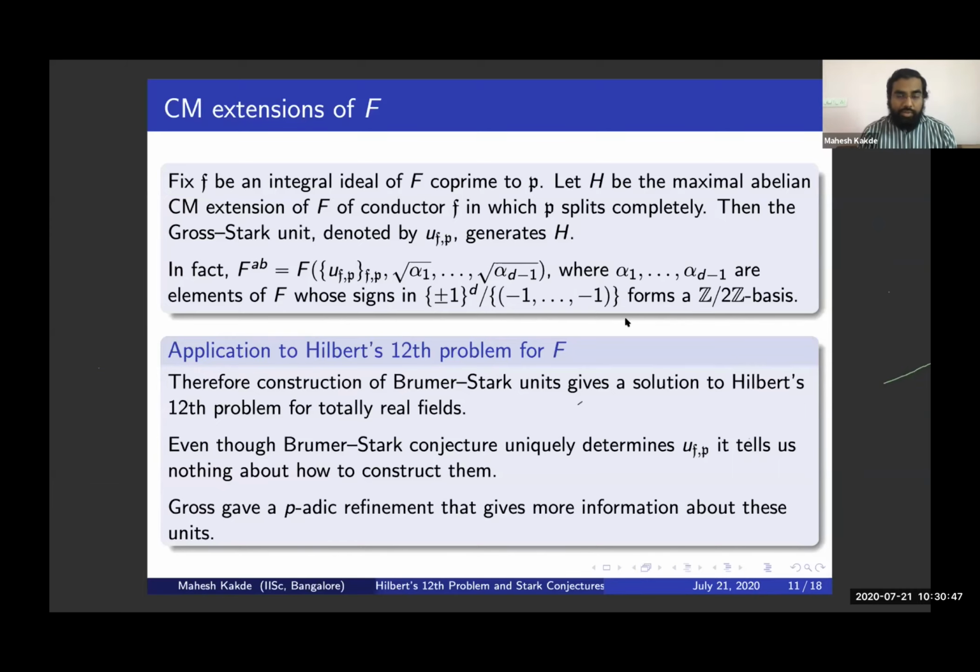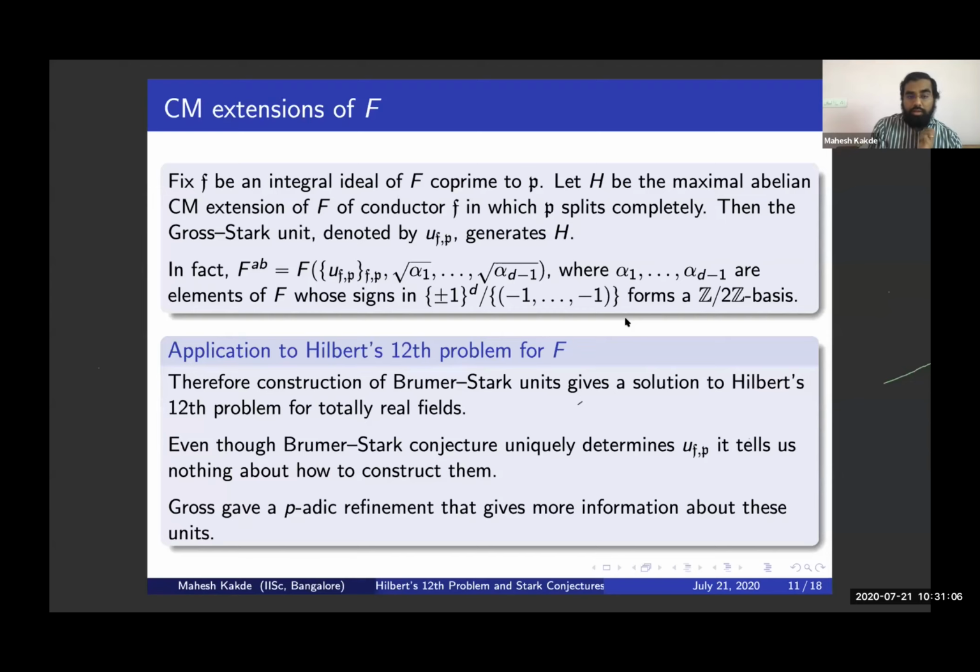So remember, I'm just using the rank 1 case here, and that's why I did not state the higher rank case precisely. Just using the rank 1 case, I get the maximal abelian extension of F.